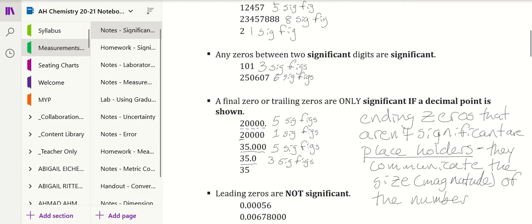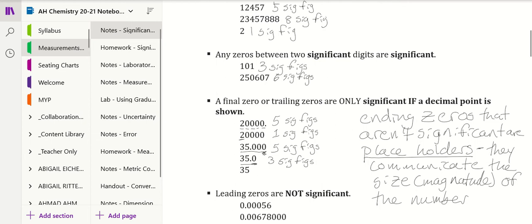But the difference between 35.000 and 35.0 is that with the first one, what we are communicating to people who see that measured value is that we could accurately measure the number 35.000 to the thousandths place. Whereas with 35.0, we are communicating we could only measure to the tenths place. Do you see the difference?